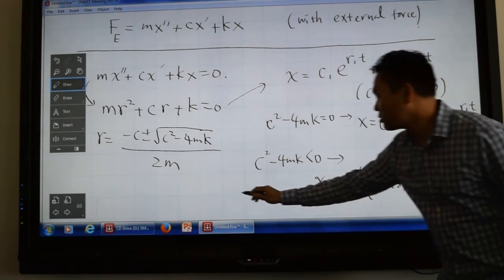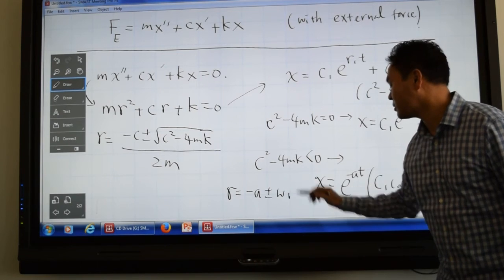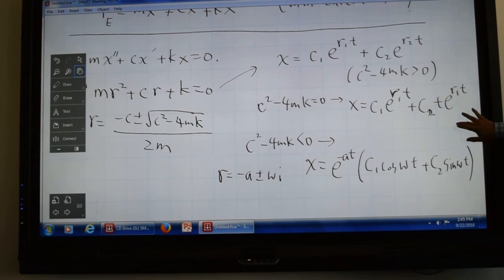Here I'm assuming that your solution looks like r equals negative a plus minus omega i. This is supposed to be omega for angular velocity. So you have these three cases.